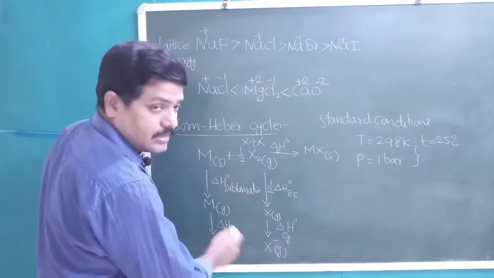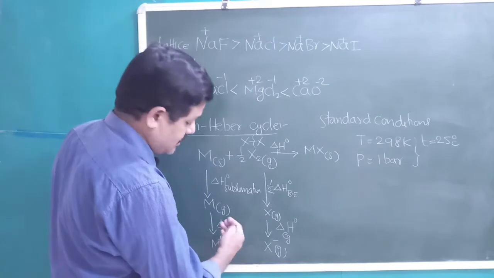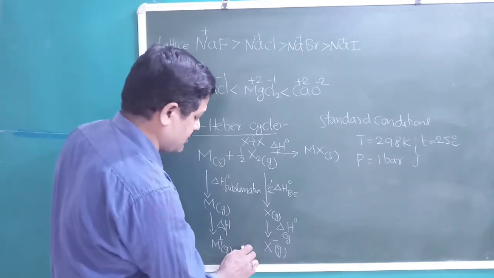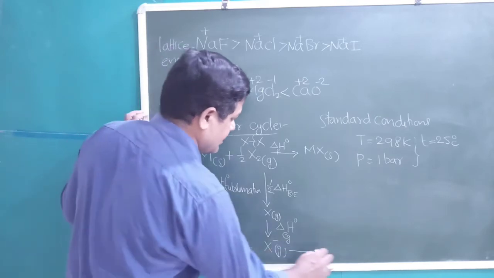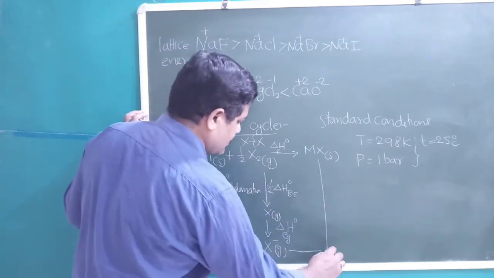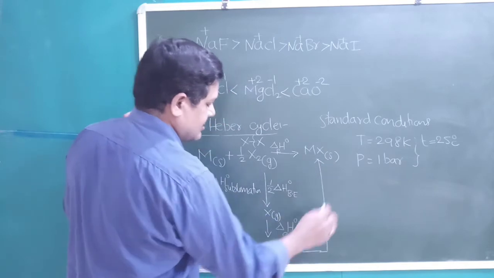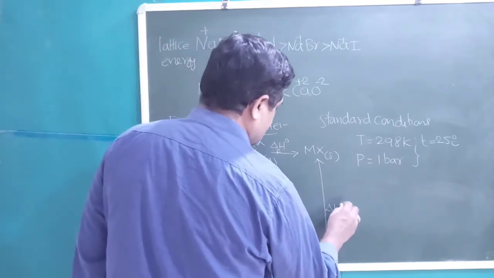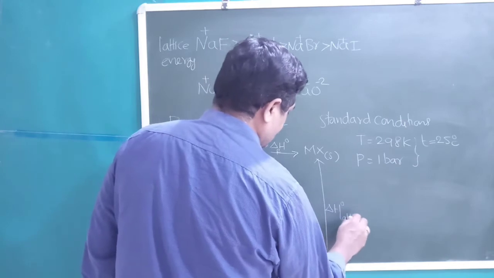Once the metal cation and non-metal anion are formed, these should be packed in the crystal lattice to convert into MX solid. This enthalpy change is indicated as delta H naught lattice.